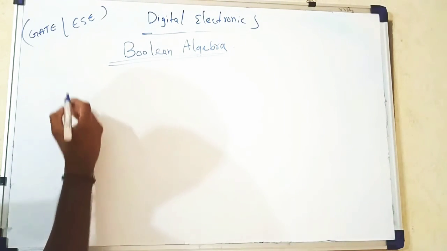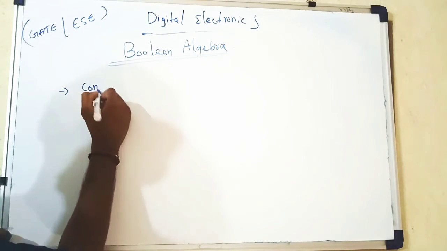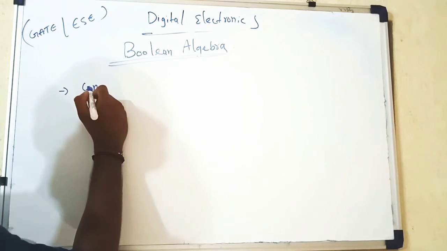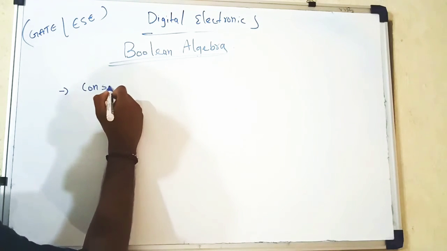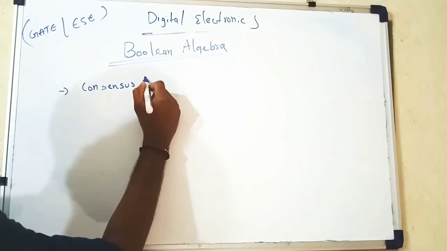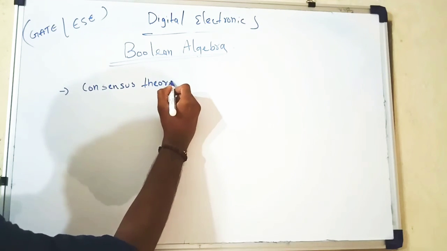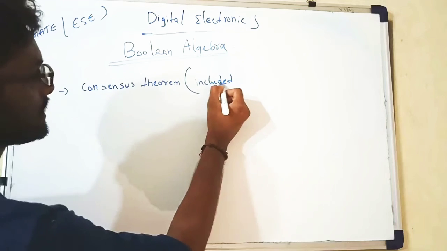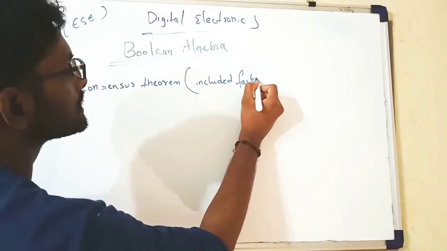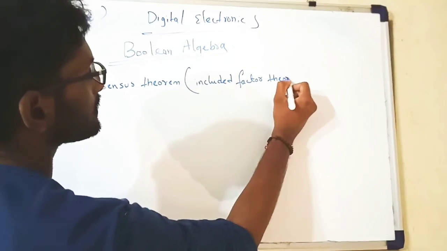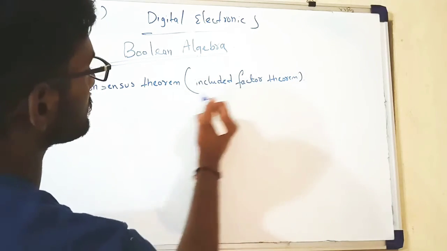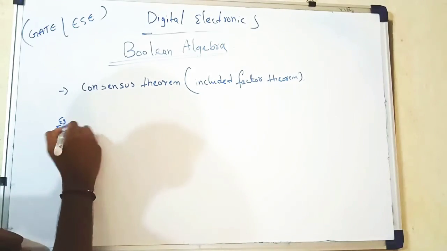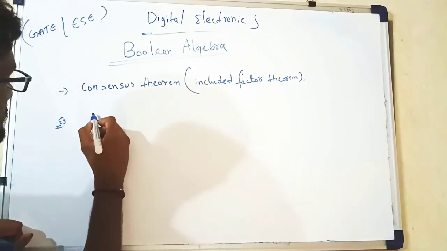Now let's see the other theorem, which is the most important from the exam point of view. This is the consensus theorem, also known as the included factor theorem. Why we are calling this the included factor theorem: now see the expression.